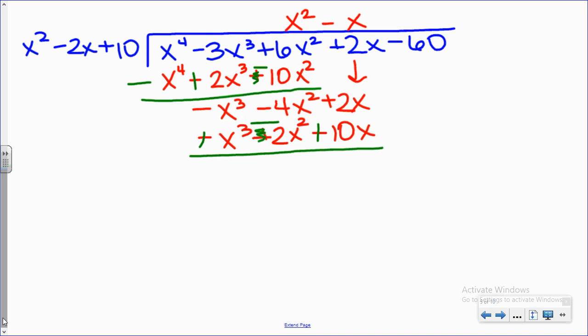When we combine those terms, we have negative 6x squared plus 12x. Drop down our last term, minus 6. All right, last time around, x squared times what is negative 6x squared? Negative 6.